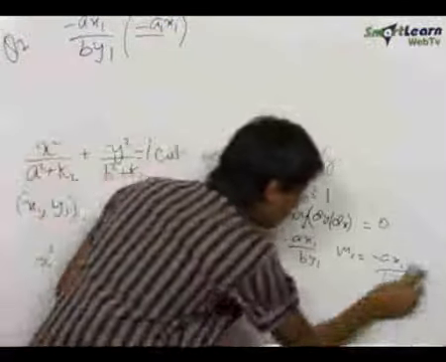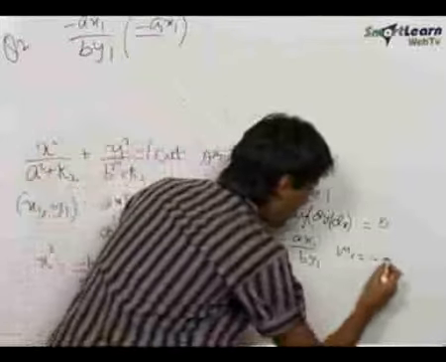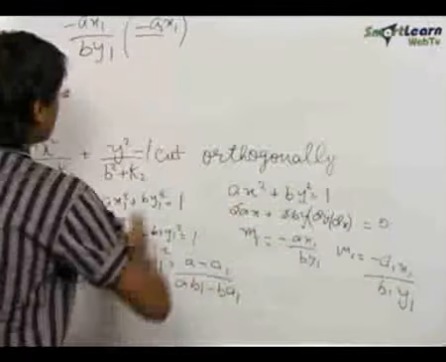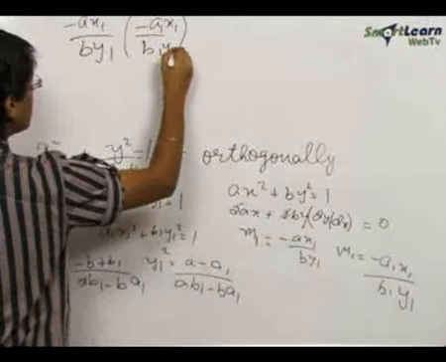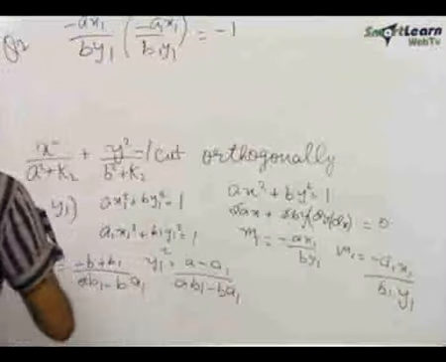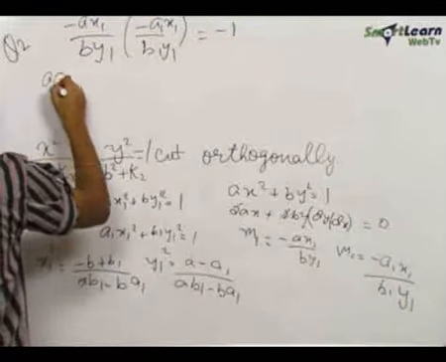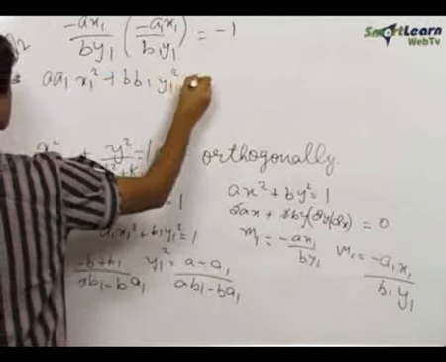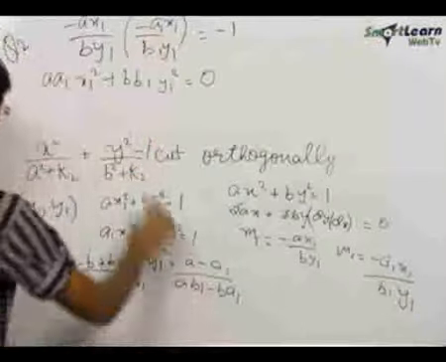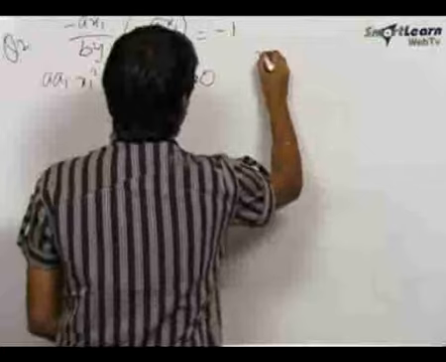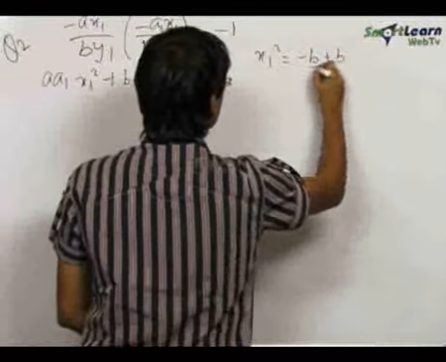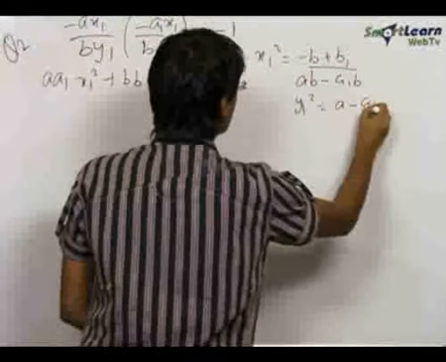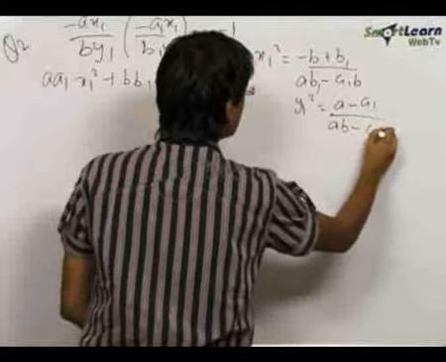This gives us aa1x1² + bb1y1² = 0. Now we had earlier obtained the values of x1² to be equal to (b1 - b) upon (ab1 - a1b), and y1² to be equal to (a - a1) upon (ab1 - a1b).